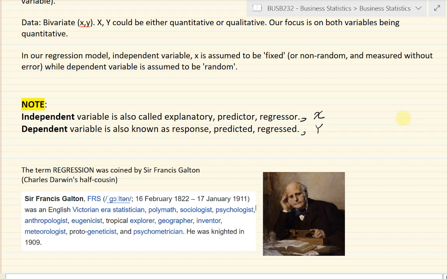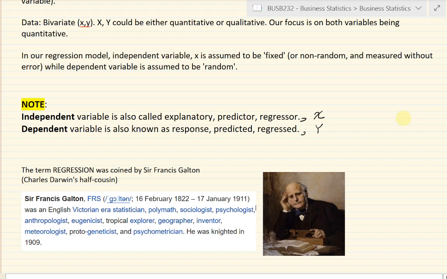He was looking into the correlation or relationship between the heights of sons and fathers. His premise was that the taller the father, the taller the son would be. For taller fathers, they have taller sons.